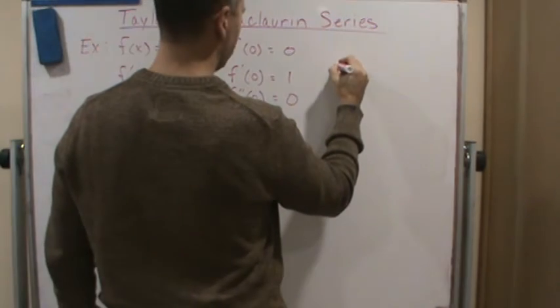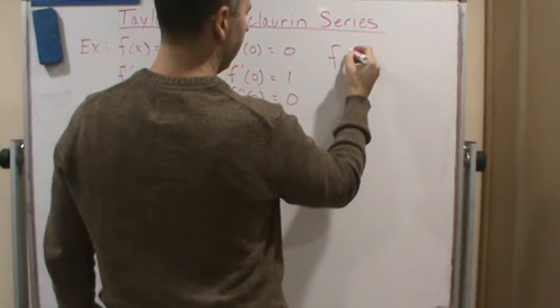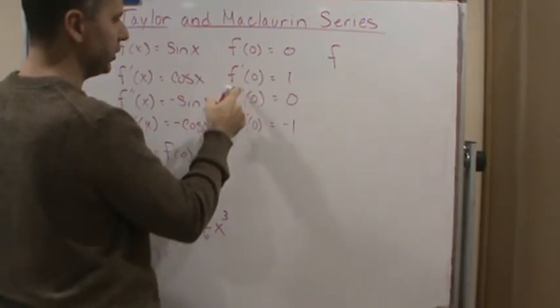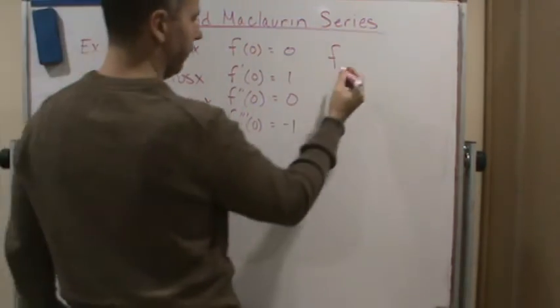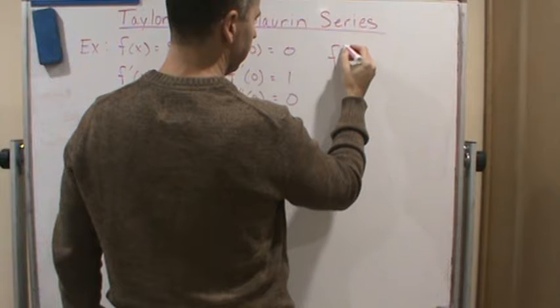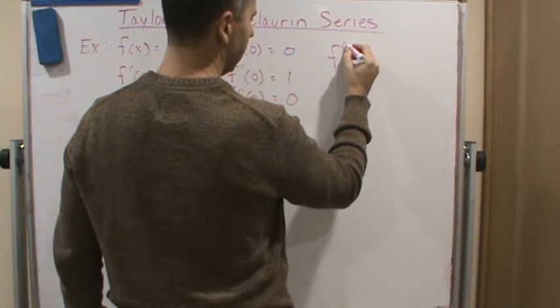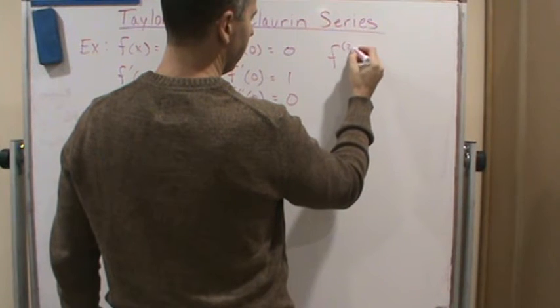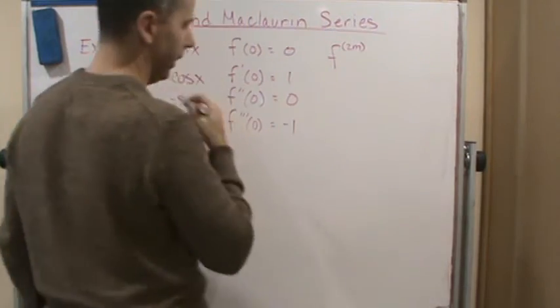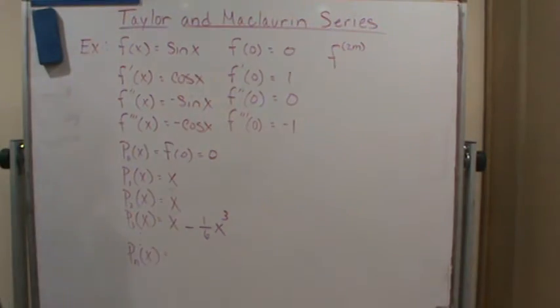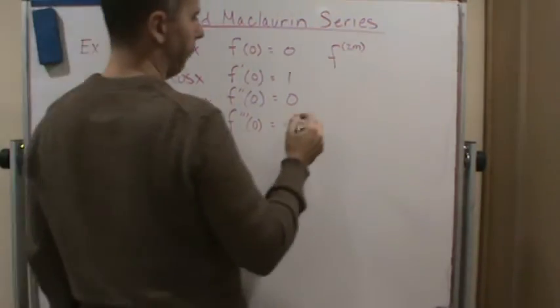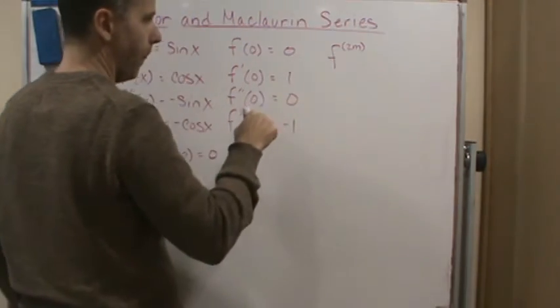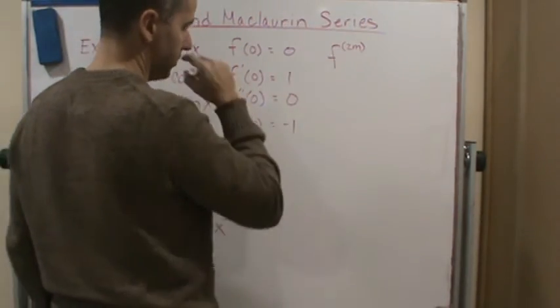So for each even derivative, let's say, we'll do 2m, where m is an integer, right? Positive integer, or non-negative integer, I should say.